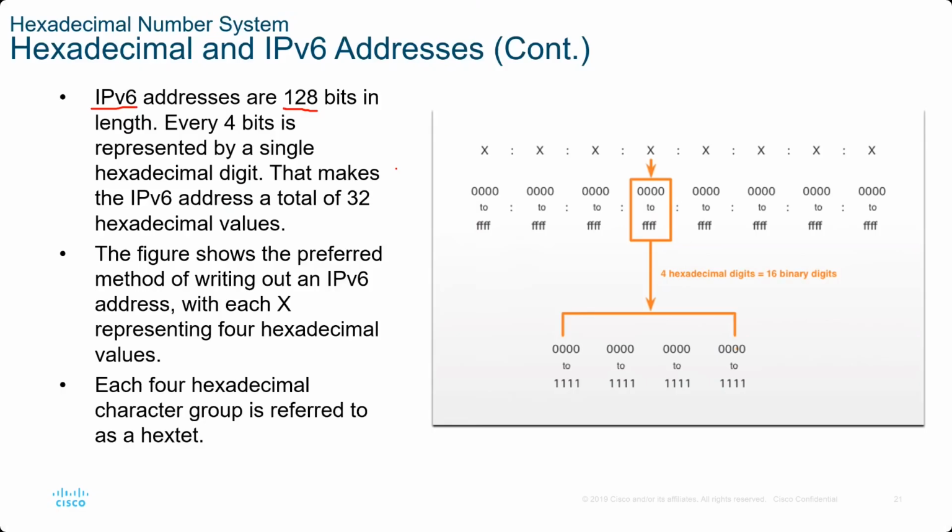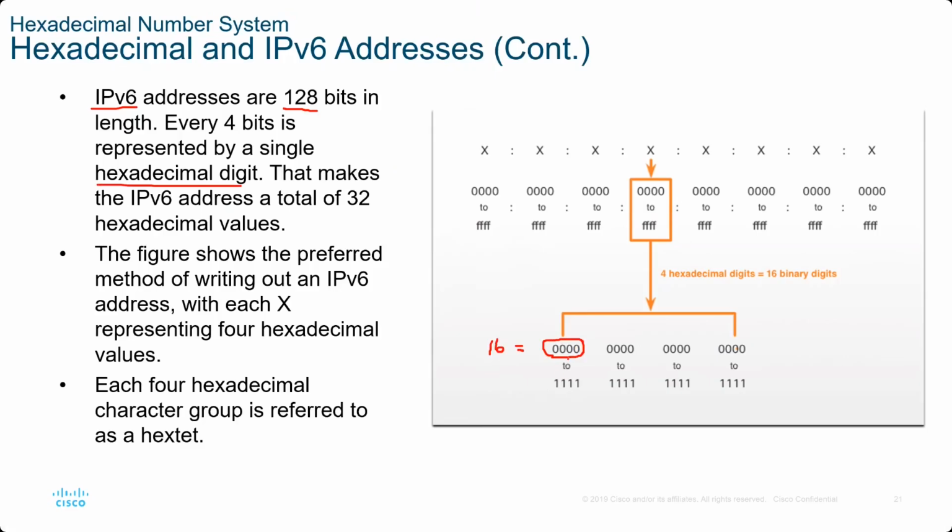So for an IPv6 address, every 4 bits is represented by a single hexadecimal digit. Every 4 bits in binary is represented by one single hexadecimal number. Why? Because with 4 bits, you get 2 power 4 equals 16 unique numbers. Okay?